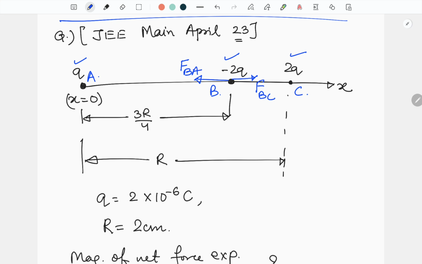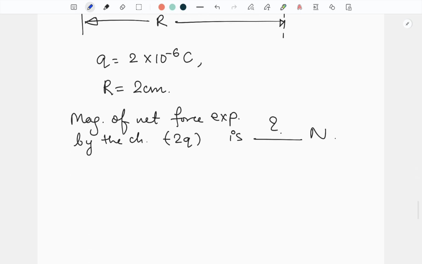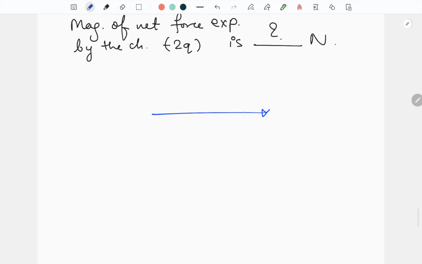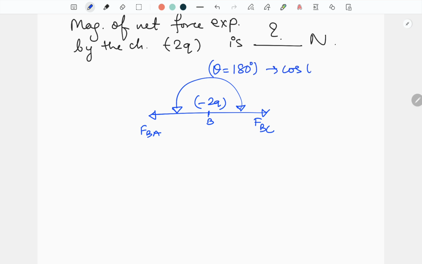So let us first find the value of these two forces, and you cannot add them directly because they are vectors, but they are acting exactly opposite to each other. So here it is B, it is minus 2Q, and this one is FBA and FBC. So I said they are vectors, so the forces FBA and FBC are acting at an angle of 180 degree, that is theta is equal to 180 degree, and when theta is equal to 180 degree, cos theta becomes minus 1.